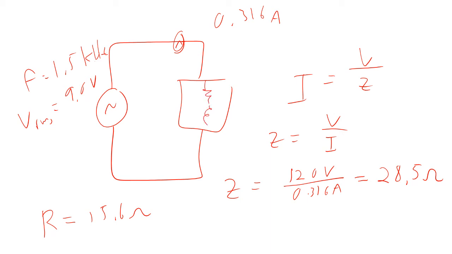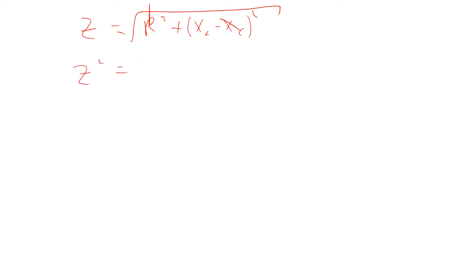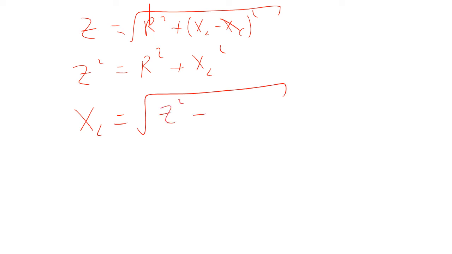And so I want to find out what's the inductor. Well, we know that Z is the square root of R squared plus (XL minus XC) squared. Okay, there is no XC because we said we can't have that. So when we do some algebra, Z squared equals R squared plus XL squared. XL is going to be the square root of Z squared minus R squared.